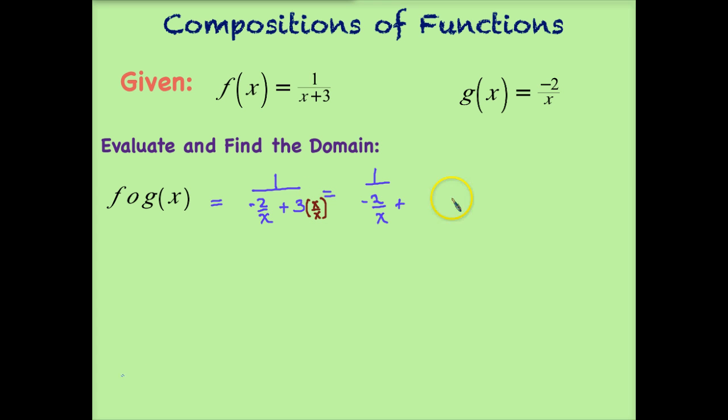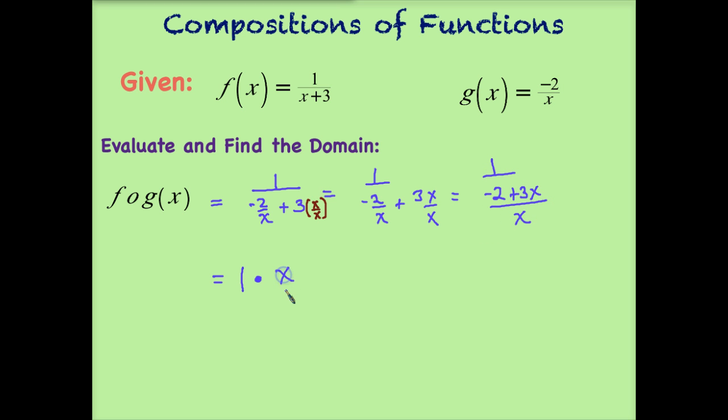When we do that, we get 3x over x, and now we can combine these two together to get negative 2 plus 3x all over x. Well, this is a little better, but we still have a fraction divided by a fraction. So remember, when we have that, division is the same thing as multiplication by the reciprocal.